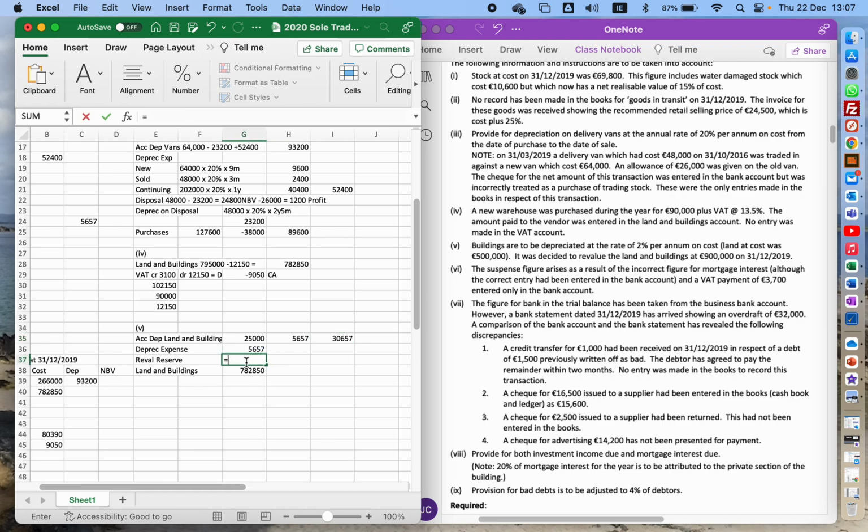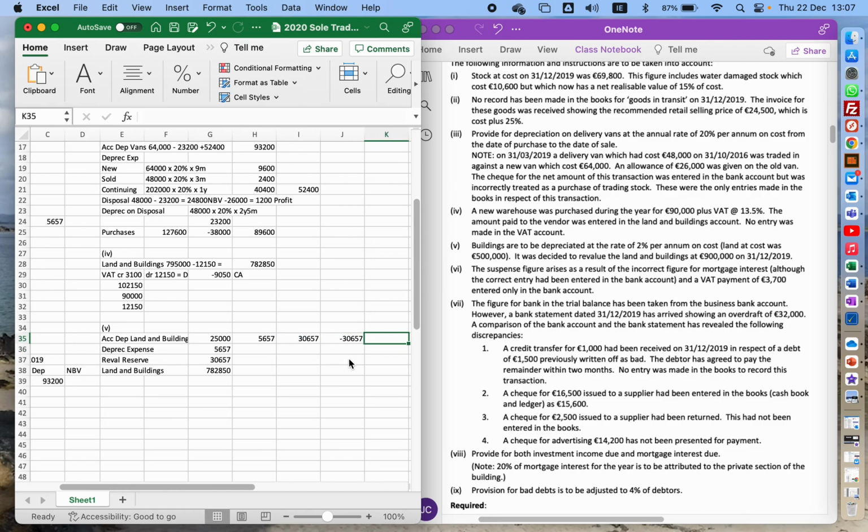So my revaluation reserve is going to have that figure there. Okay, that's the total figure before the revaluation happened. I'm going to cancel all that, so that I'll end up with 0 in my accumulated depreciation account. My land and buildings, so the new figure for my land and buildings is how much? Revalue to 900,000. So my new figure is going to be 900,000.